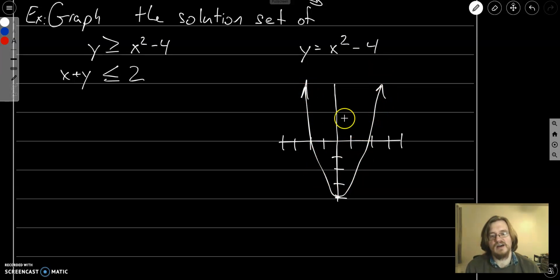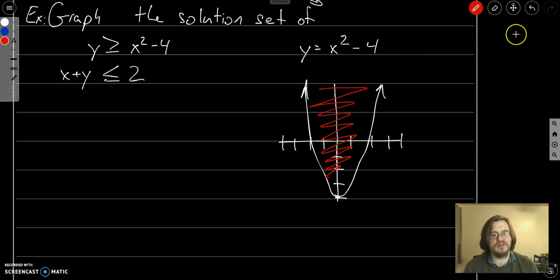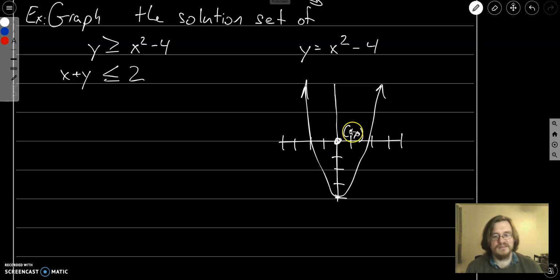Now, for a parabola, there are still two sides to the parabola. We might be shading what's around the parabola on the outside, or we could be shading the inside of the parabola. So we just have to decide, are we shading outside or inside of the parabola? So we choose a test point. Again, I like 0, 0, just because it's easy to plug zeros in for numbers.